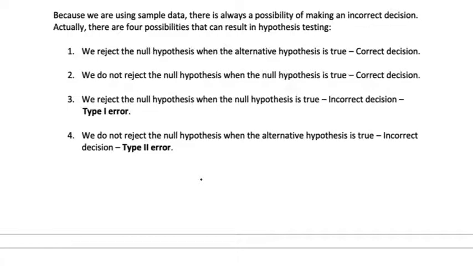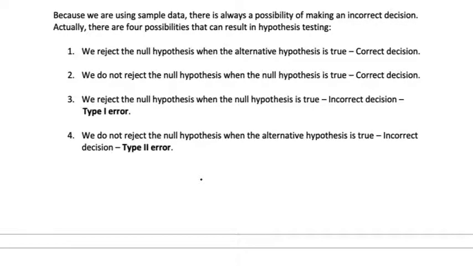Number 1 is that you can reject the null hypothesis when the alternative hypothesis is what is actually true. So your sample data here led you to make the correct decision. Possibility 2 is that you do not reject the null hypothesis when the null hypothesis is true, and this means that your sample data also led you to make the correct decision.